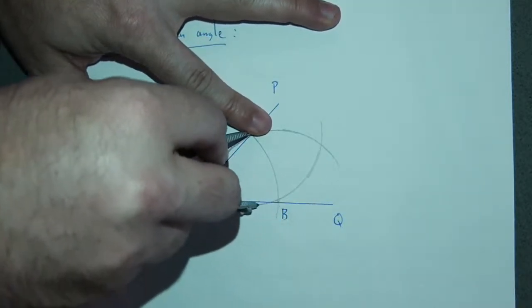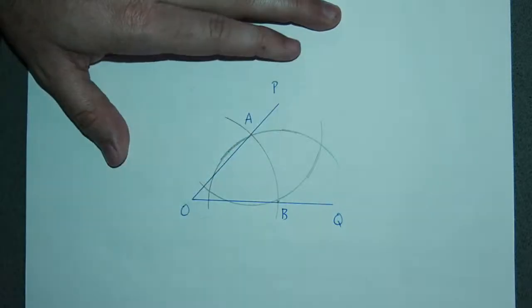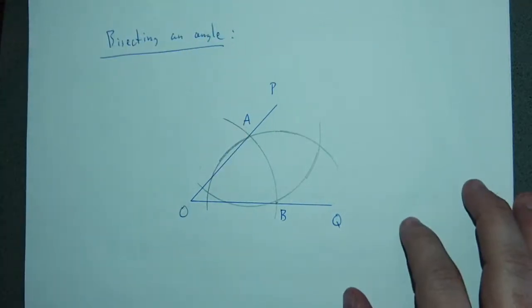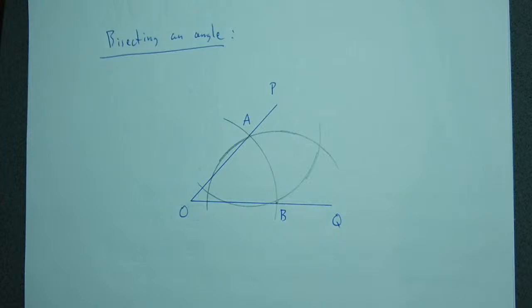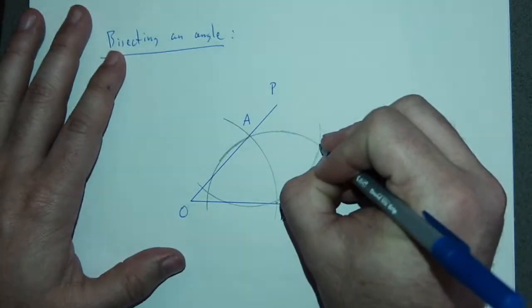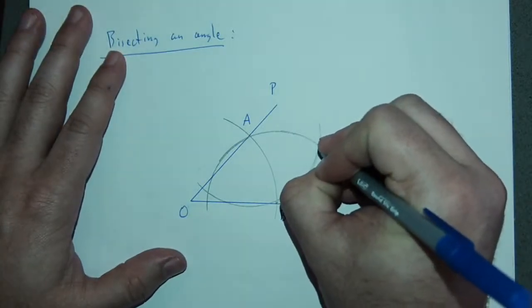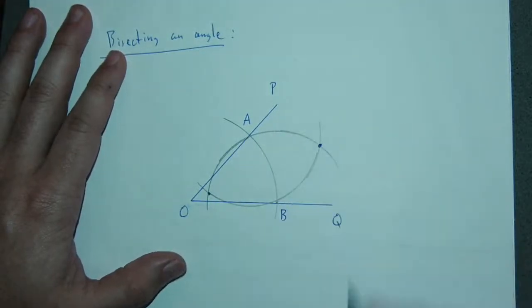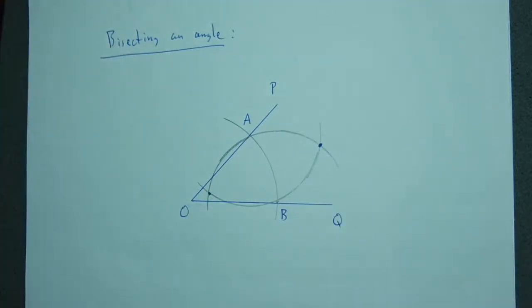Having to dodge the camera makes this harder. Okay. So these two circles intersect at points C and D. This is not going to look totally right because I've squished my compass a little bit.